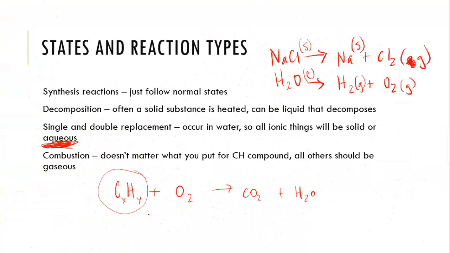I could really care less what you put for this because in the practice problems you have some of these. It's fair game to me. So in the parentheses, I don't care if you just put a question mark because it's kind of up for debate. You would have to know a lot more about what your substance is before you could know. But what you can know and what I want you to know for our test is that oxygen has to be a gas, carbon dioxide is a gas, and the water will be a gas.